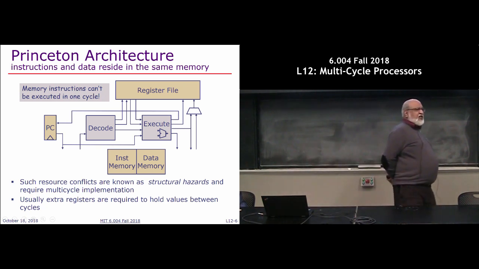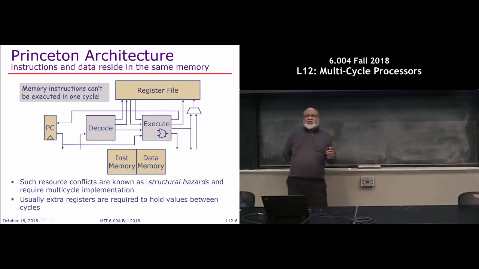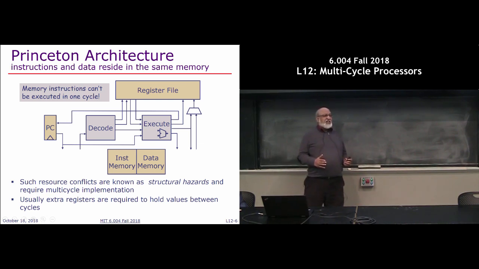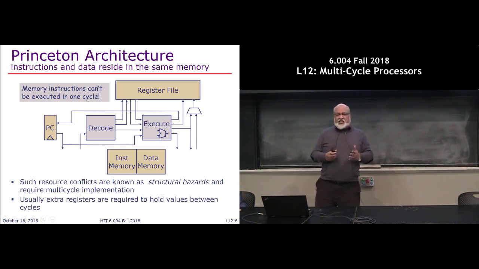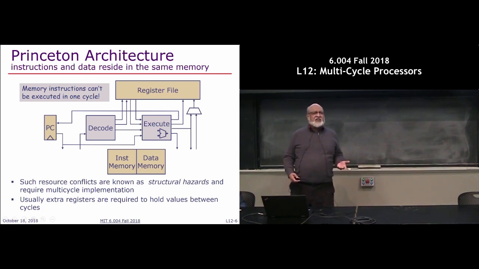And it turns out whenever you have a structural conflict, there is a systematic way of resolving it. And the solution invariably involves taking multiple cycles, and using some temporary storage. Why temporary storage? Because if I fetch an instruction which I'm going to execute in the next cycle, then I need some place to keep that instruction from one cycle to the next.